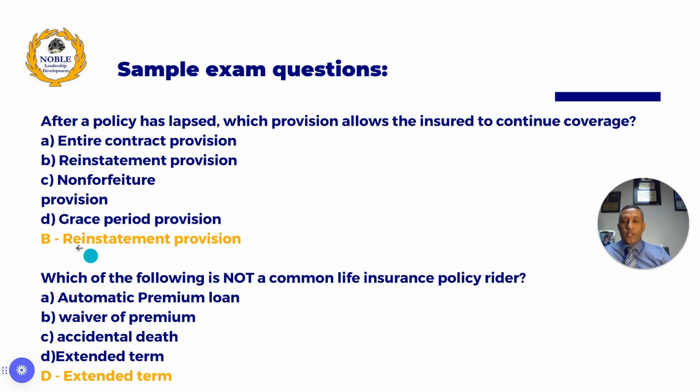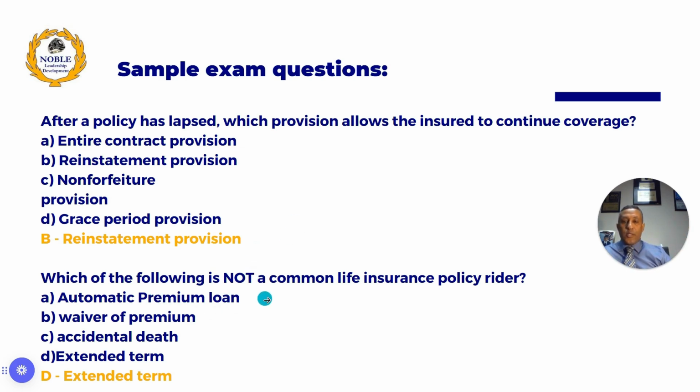The correct answer is the reinstatement provision. You can put it back to life. Of course, you have to provide proof of insurability and pay past due premium, but reinstatement will allow you to continue coverage. The grace period is only 30 days, and it's protecting you from unintentional lapse.